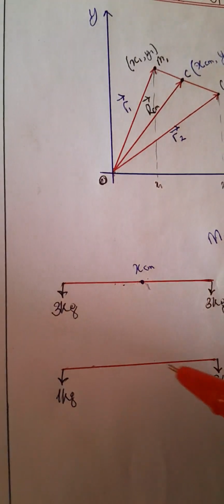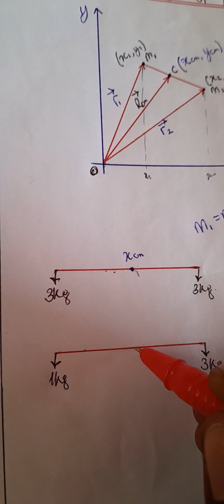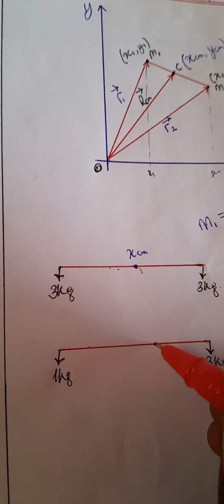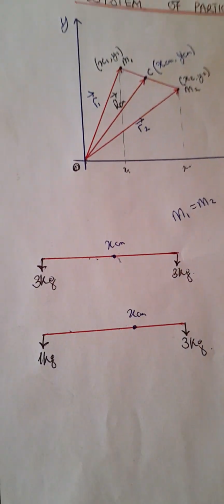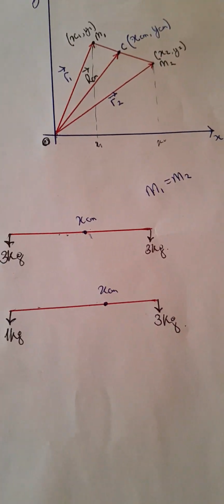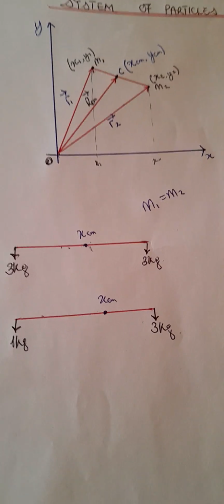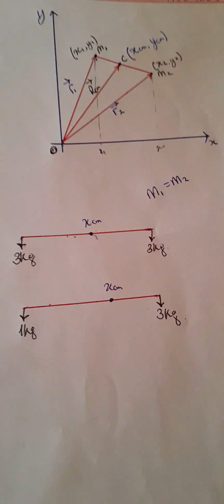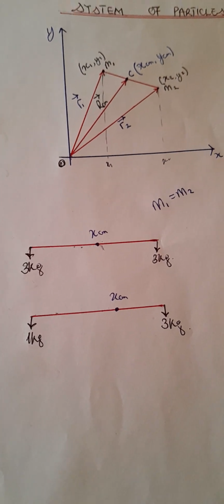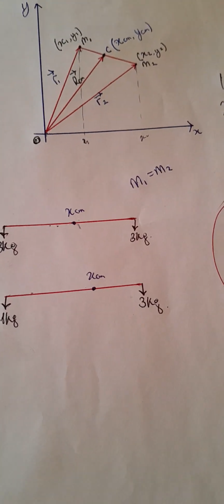So it means that the center will shift from this midpoint to somewhere around this place. So you see how very important the mass of an object is in determining the center of that particle. I hope you're with me.